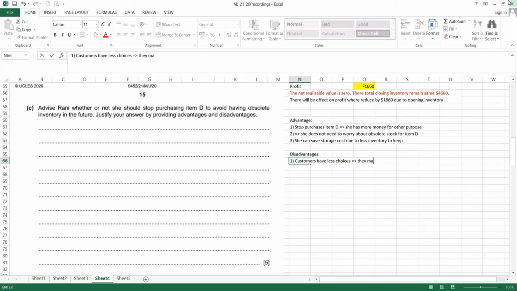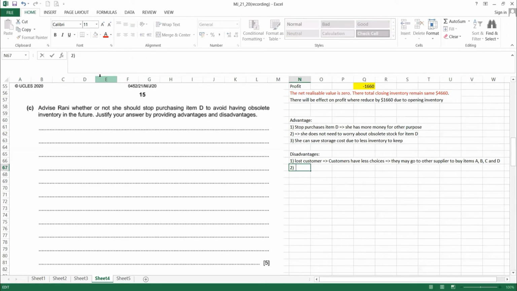They may go to other suppliers to buy item A, B, C. Next, she will lose a customer. So this one is actually a lost customer, due to customers going to other places to buy.